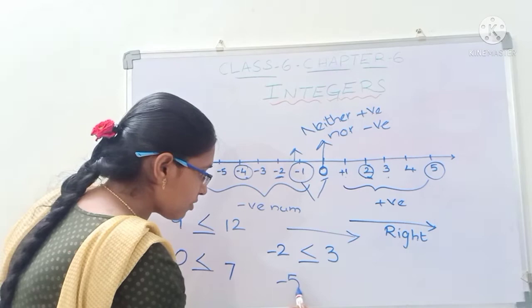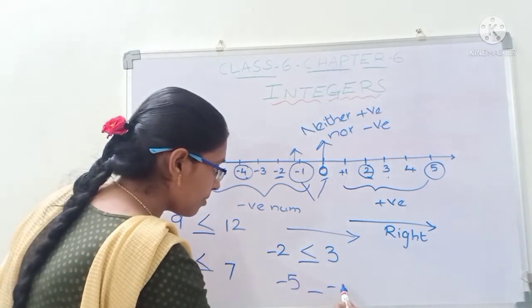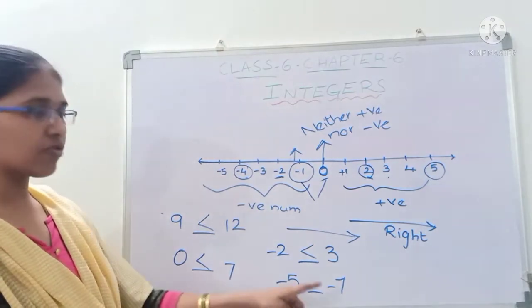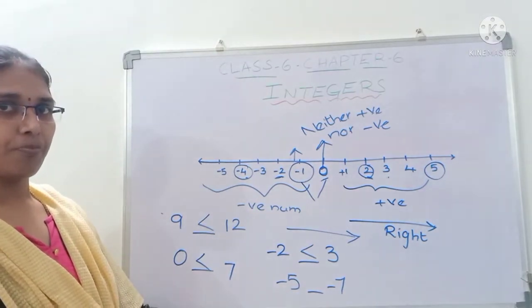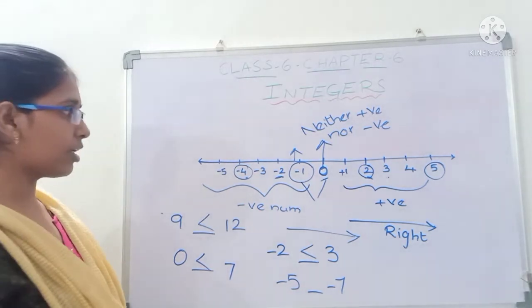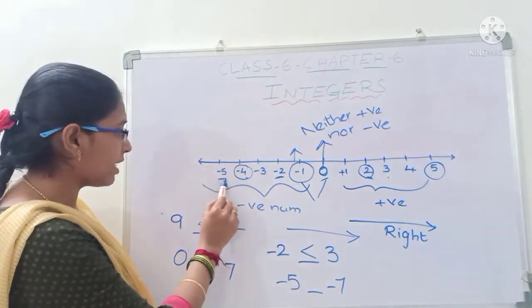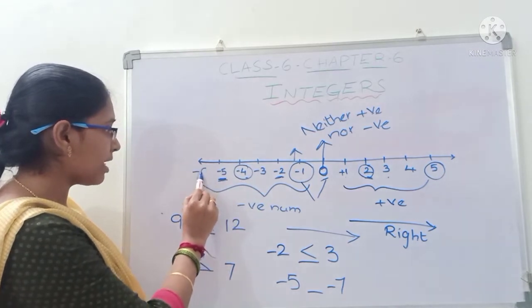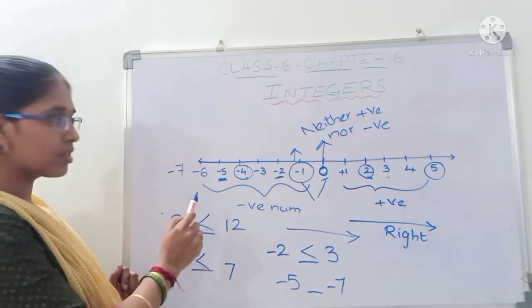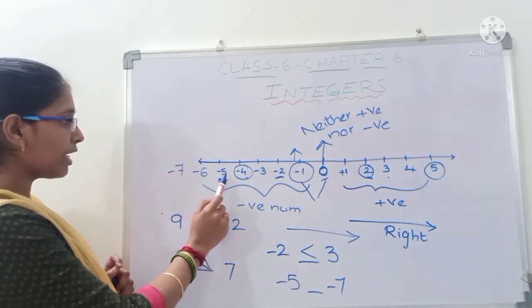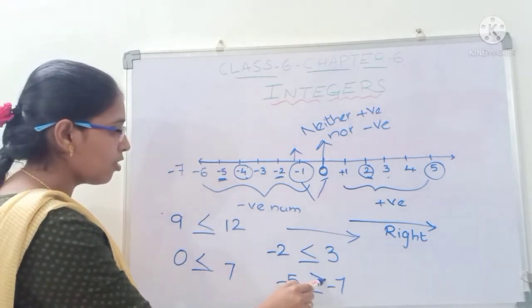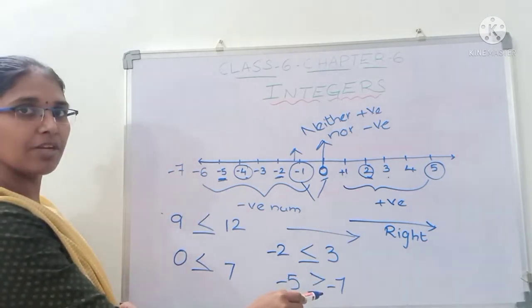Consider minus 5 and minus 7. Think properly, children. Which is greater? Is minus 7 greater? No, children. See properly. Minus 5 is here. Where will minus 6 be? Left side. And minus 7 will be still left side. So, minus 5 is right side of minus 7, so minus 5 will be greater than minus 7.